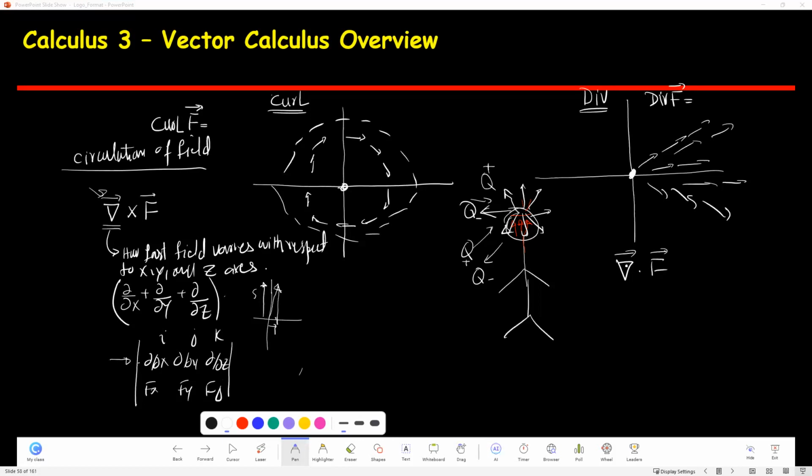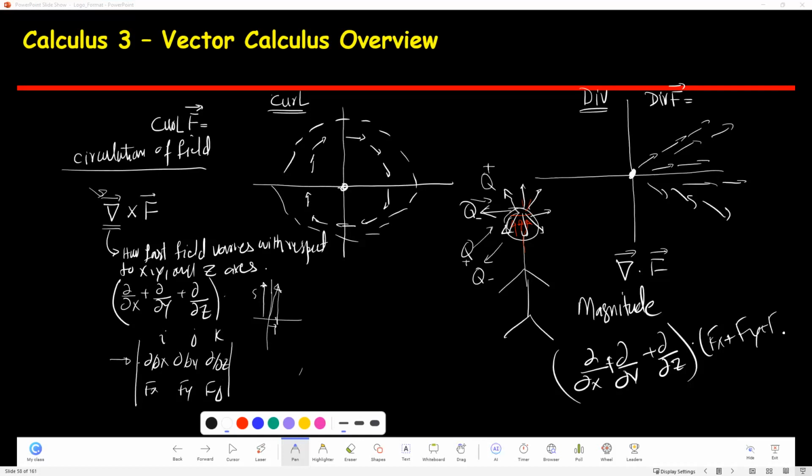I'm not interested in the direction in this phenomenon, I'm interested in magnitude. So all you can do is take the dot product of this with fx plus fy plus fz, ijk. You don't need that one.